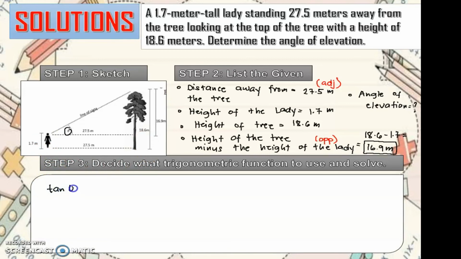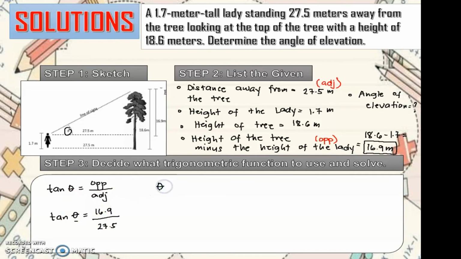So tangent theta is equal to opposite over adjacent. Tangent theta, the theta there, class, pertains to the angle of elevation, and that's what we are looking for. So opposite, that is 16.9 meters divided by the adjacent, which is 27.5 meters. And since we are looking for the angle, we need to have the inverse tangent.